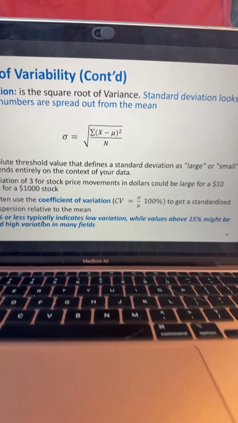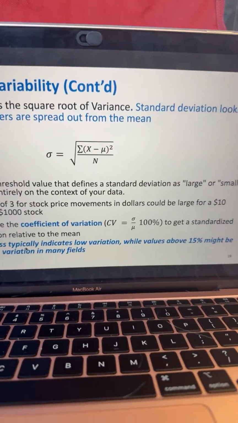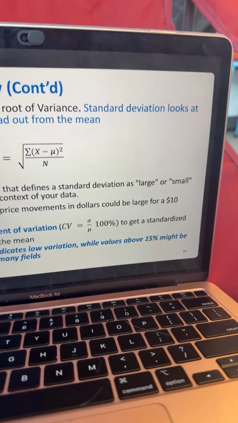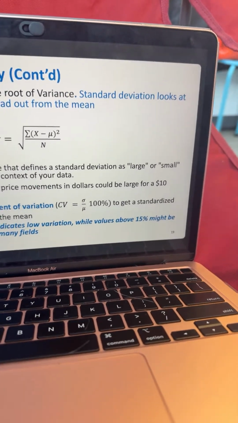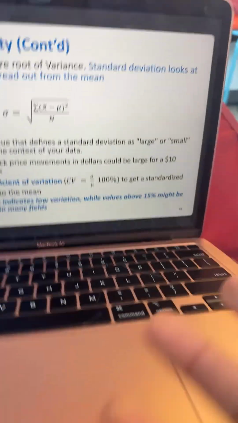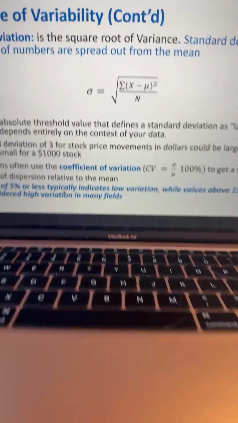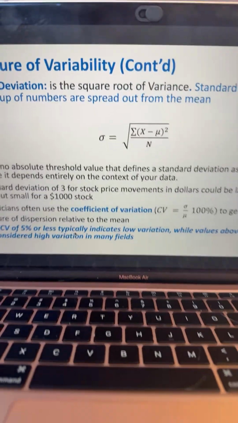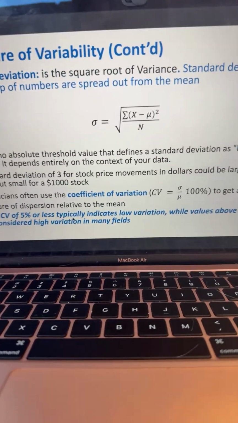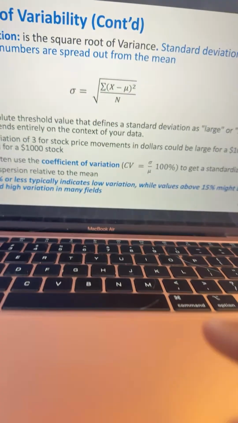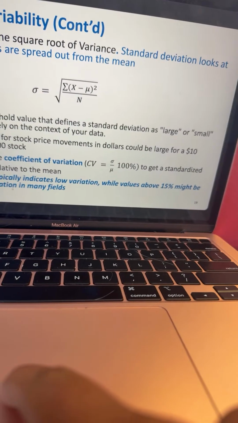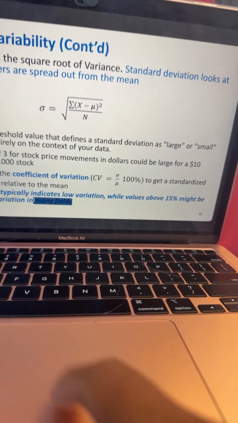So statisticians often use the coefficient of variation, CV equals standard deviation over the mean times 100%, to get a standardized measure of dispersion relative to the mean. A coefficient of variation of 5% or less typically indicates low variation, while a value of 15% might be considered high variation in many fields.